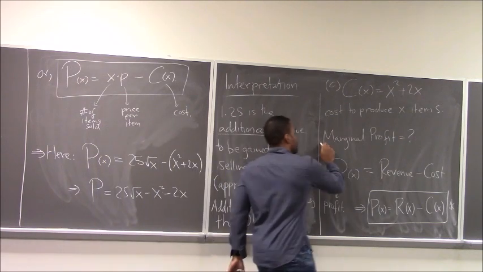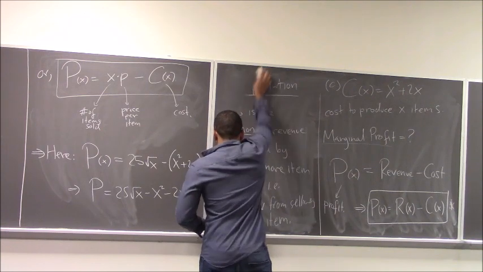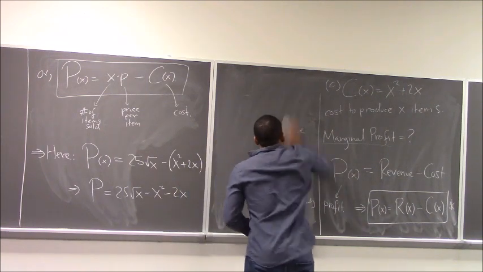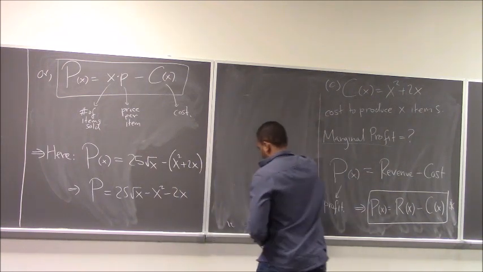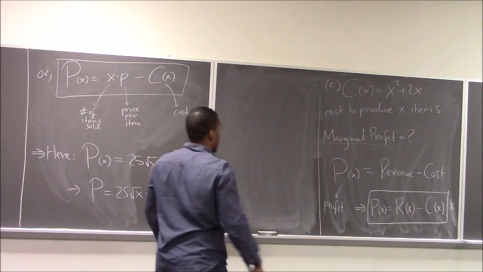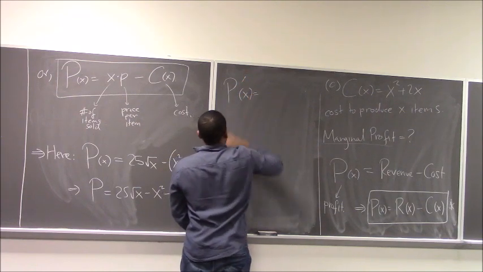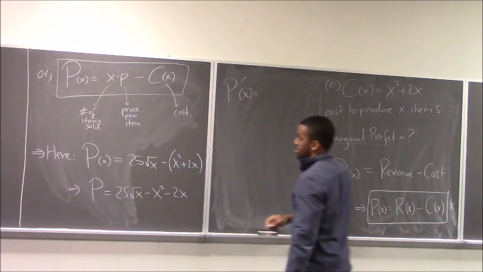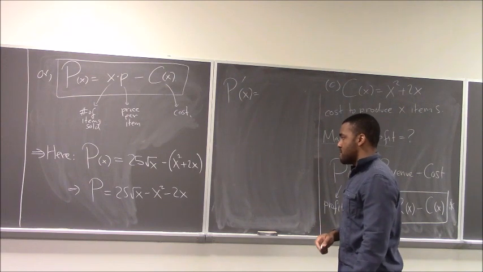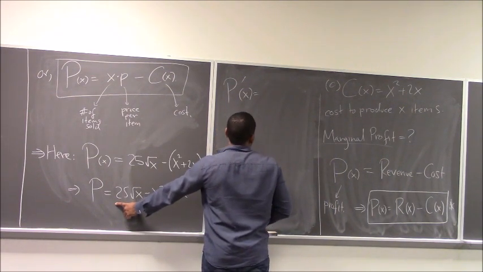But we're after marginal profit. So we need to find the derivative of this, which is going to be what? Well, this one we already found the derivative for.